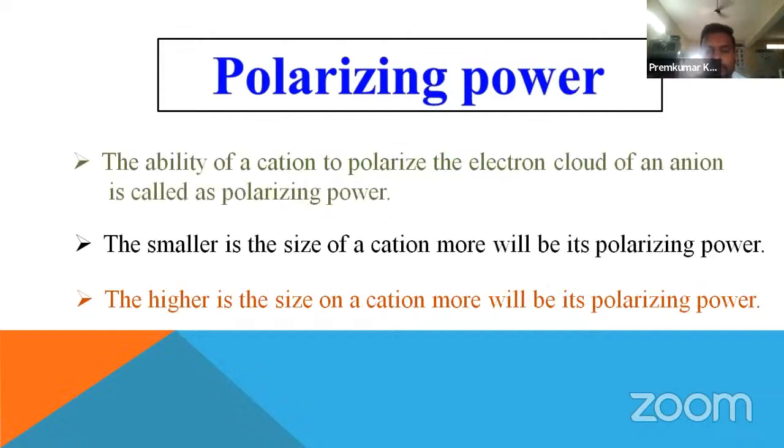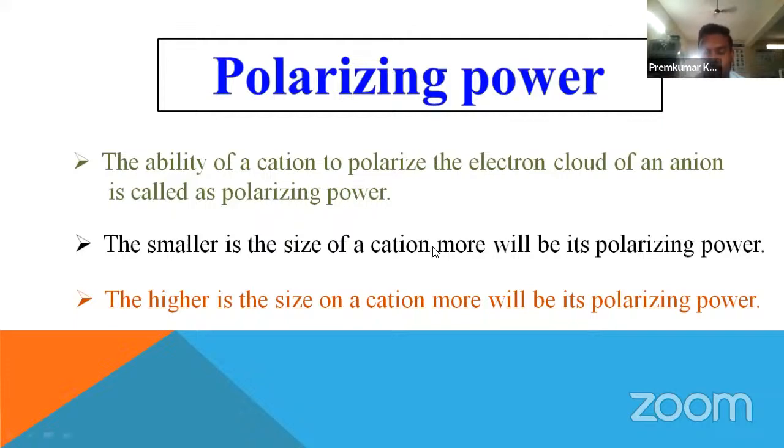Then I will explain what is meant by polarizing power. Polarizing power is a property of the cation. It is the ability of a cation to polarize the electron cloud of an anion. So it is called the polarizing power of that cation.